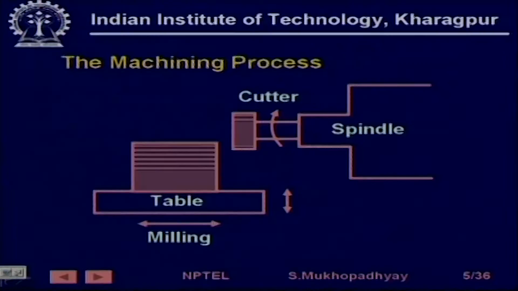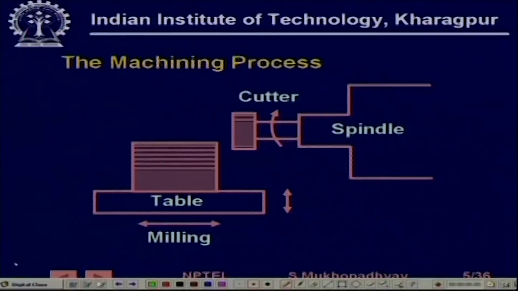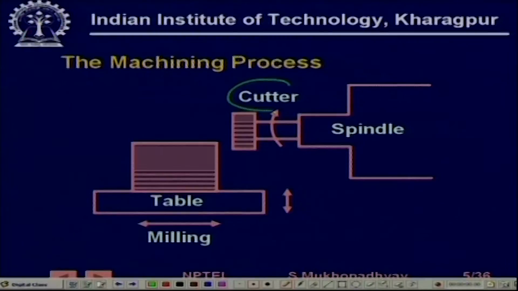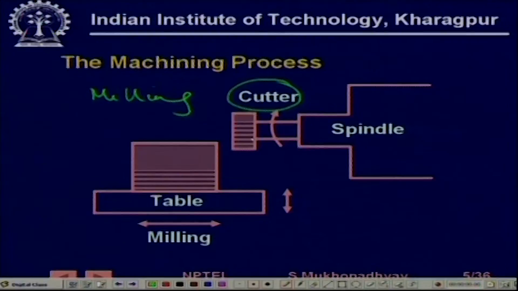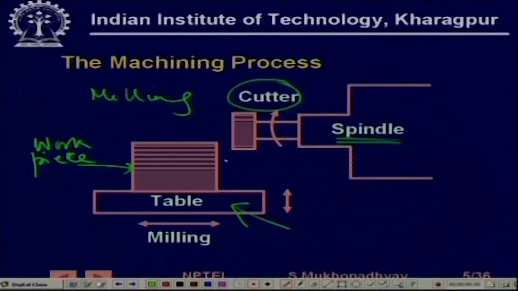On the other hand, if we take another machining process called milling, there you have a cutter. This is the milling cutter which has sharp teeth and which is driven by the spindle, and this is the table, this is the job workpiece which is having rectilinear motion, and generally two dimensional rectilinear motion.